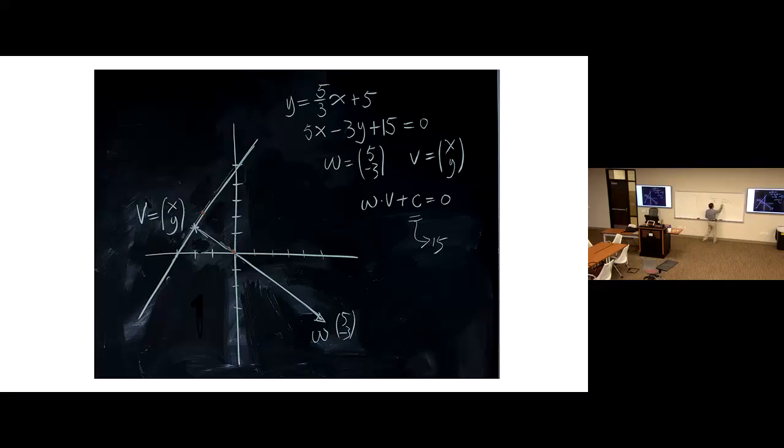Then I will extract from this formula a vector. This vector will be 5 and -3, which is this and that. I will also need C, which will be, say, 15. That's from the straight line.